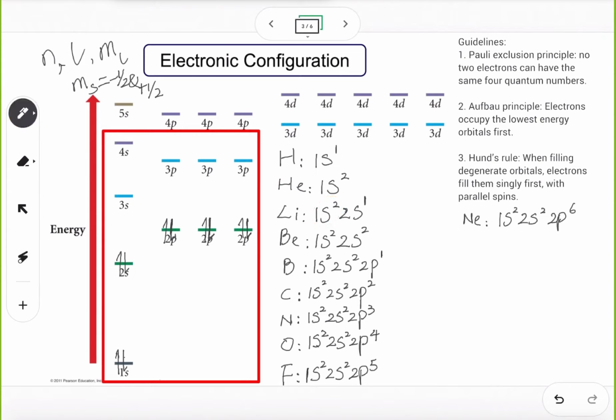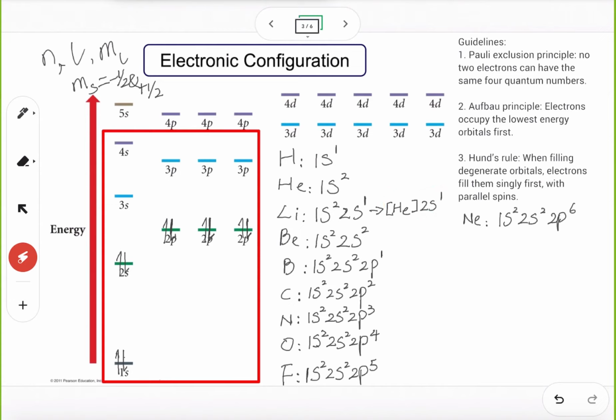In other words, for lithium, we can write the electronic configuration as helium 2s1. We use the noble gas helium to represent the 1s2 electrons. This is a noble gas core electronic configuration.